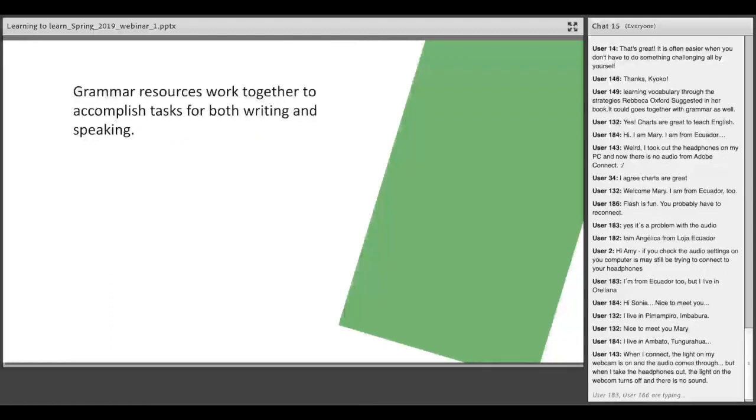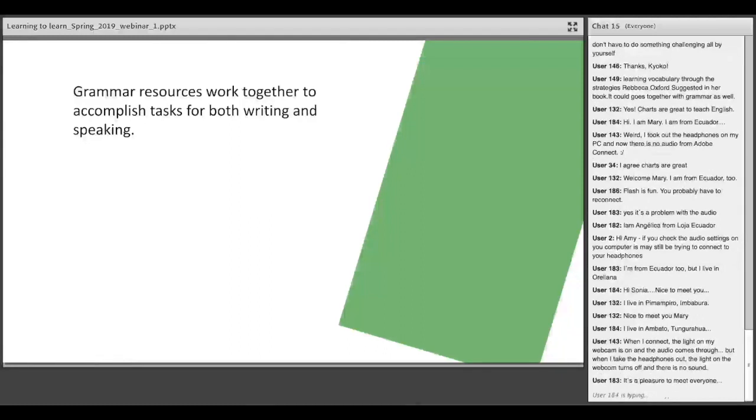So we want to see how grammar resources work together, because many times in our grammar classes, we're presenting one structure, like maybe we're looking at simple past tense, but none of us go through the day simply talking in past tense or present progressive.